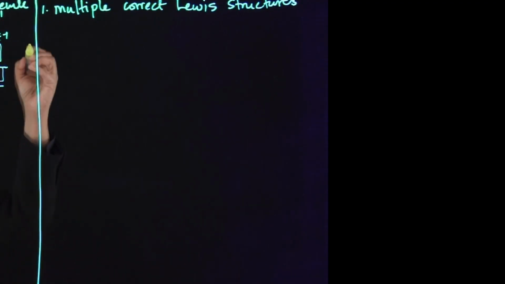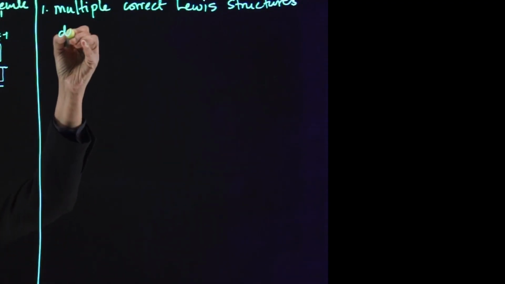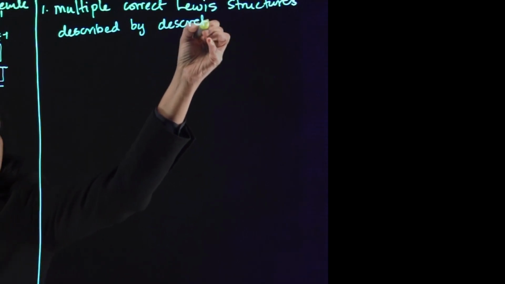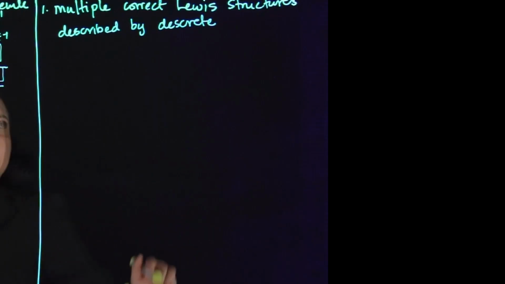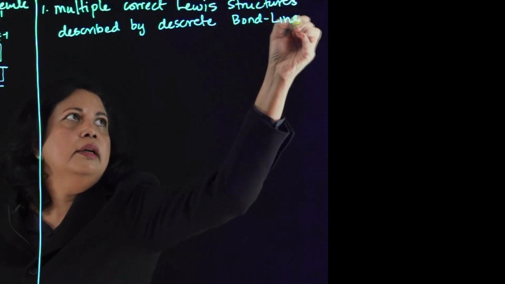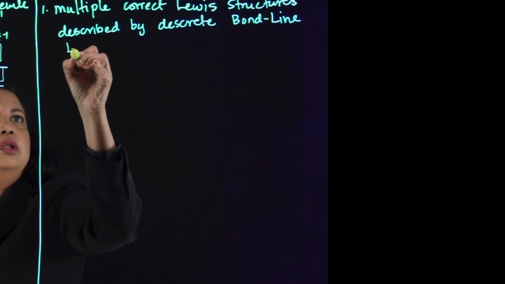They are described by discrete bond line Lewis structures.